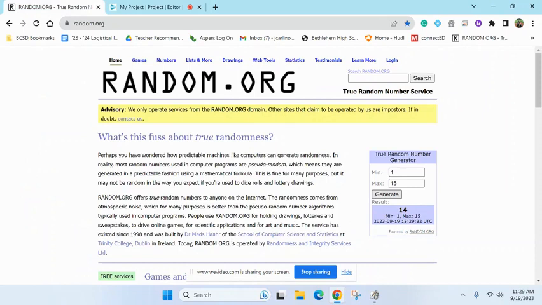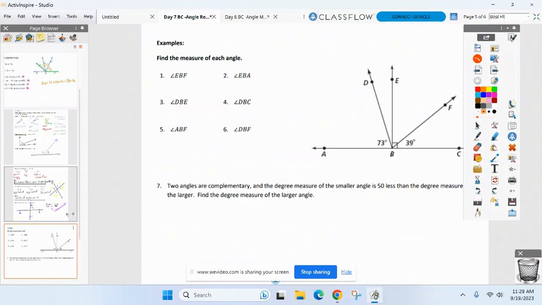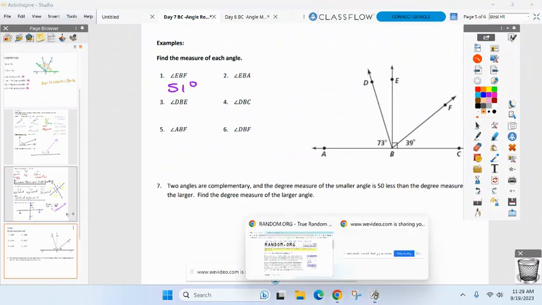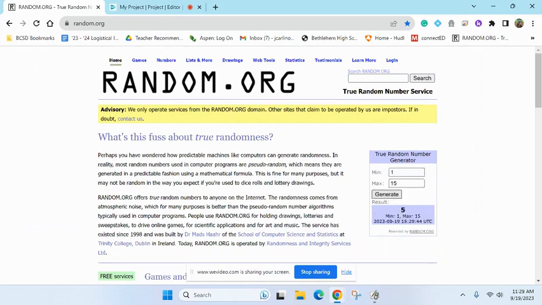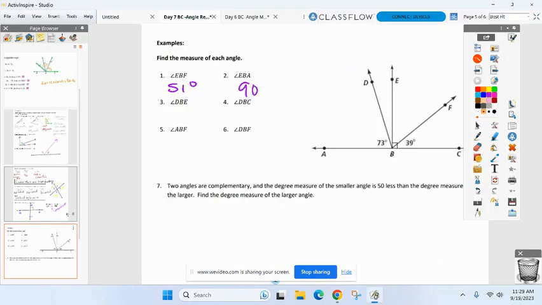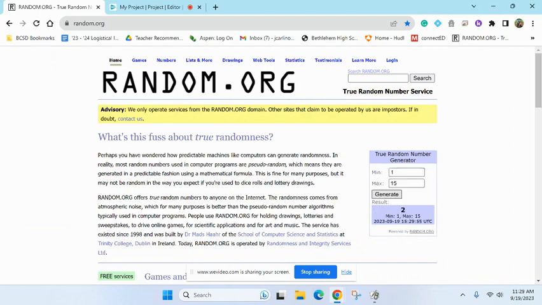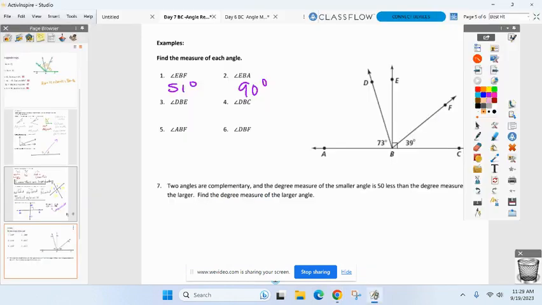Just lost my cheat sheet. Gianna, go ahead. Start us off right. What do you got for me? 51 is a good start. Number 2, EBA. Haley, 90. That was a tough one, huh? Yeah, right next to the other, adjacent to the other right angle. Number 3, DBE. Zoe, 17. You guys are rolling.